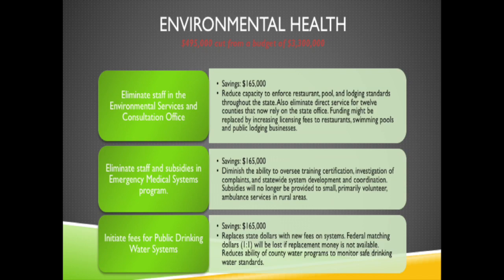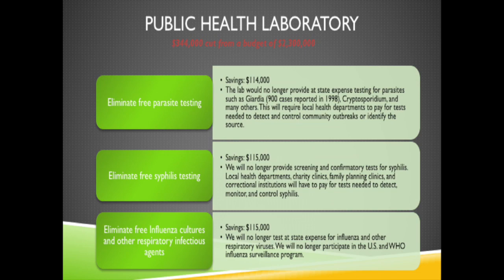So maybe that's another way to generate revenue, in this particular state where there's a budget cut. In the area of public health laboratory, maybe it would eliminate free parasite testing and also other types of STD testing, or perhaps giving flu shots or other types of benefits for the public.